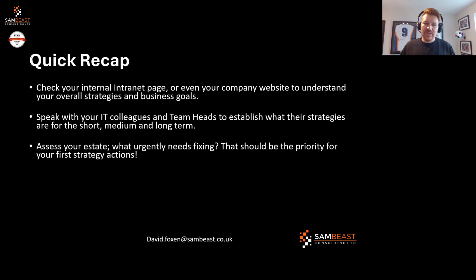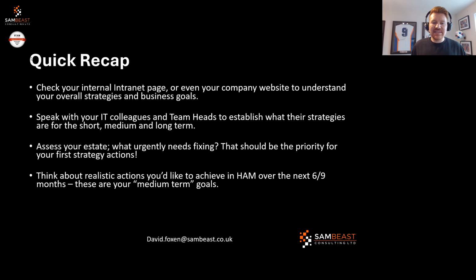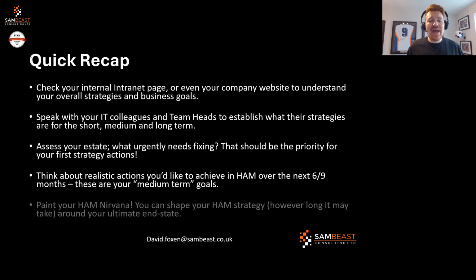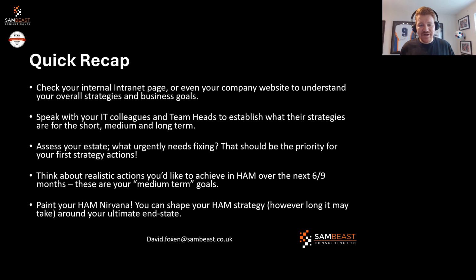That should be a priority for your first strategy actions. Think about realistic actions that you'd like to achieve for HAM in the next 6 to 9 months. These are your medium-term goals, and paint that HAM Nirvana picture. You can shape your HAM strategy, however long it may take, for that ultimate dream and that ultimate end state.